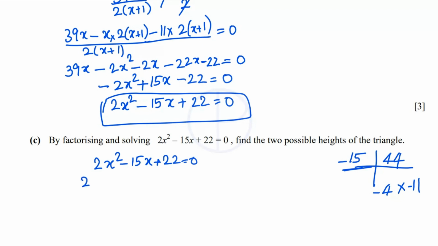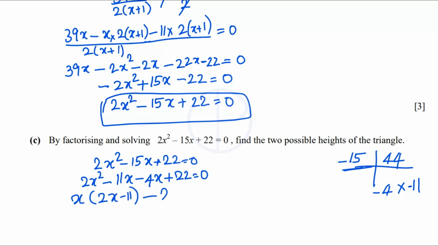Okay. So 2x square, now we have to rewrite this negative 15x as negative 11x negative 4x. So negative 15x is split as negative 11x minus 4x. So plus 22 equal to 0. Now combine the first two terms, take x commonly. So we get 2x minus 11.